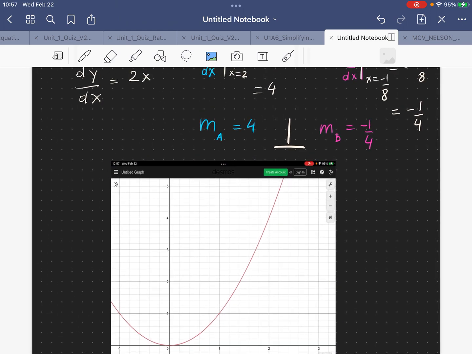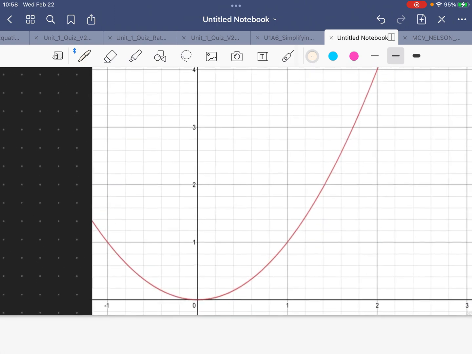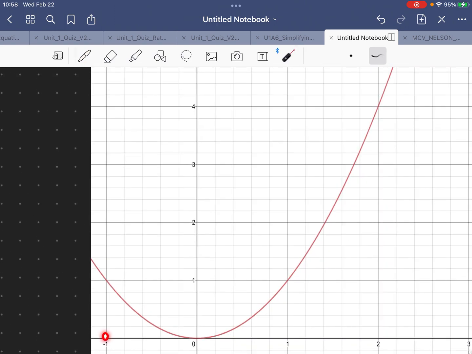Here we go. Negative 1/8, that's the point where you're drawing the tangent. If this is 1 unit, then we're taking 1/8 of it. So we have 1, 2, 3, 4, 5 squares. That means this would be a quarter. So 1/8 is half of a quarter, so it will be a point somewhere in here.